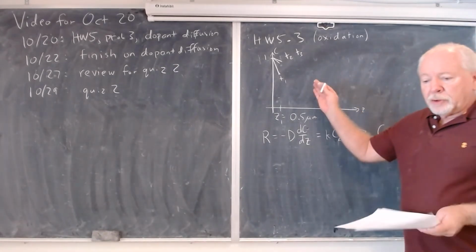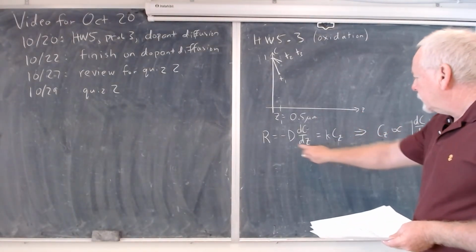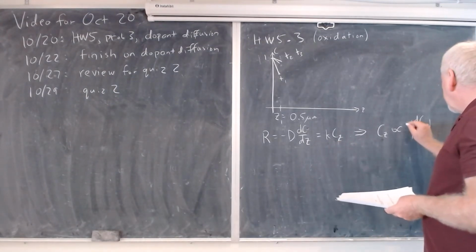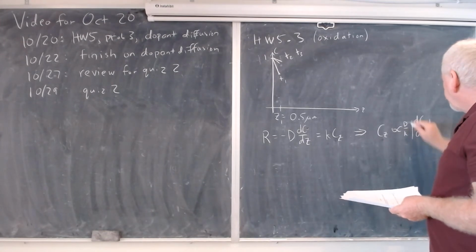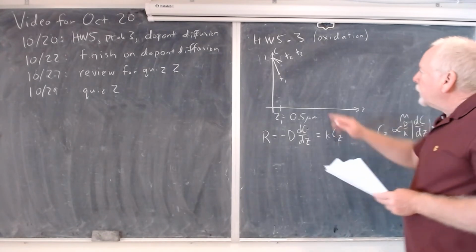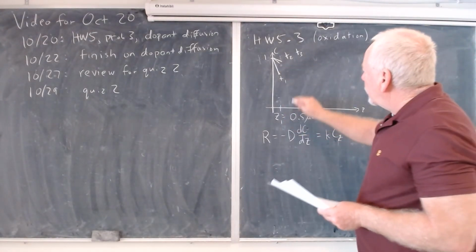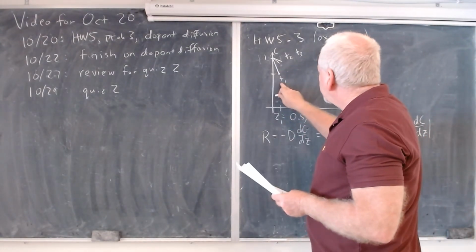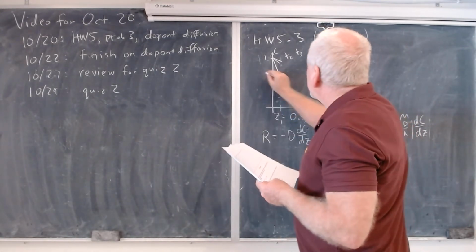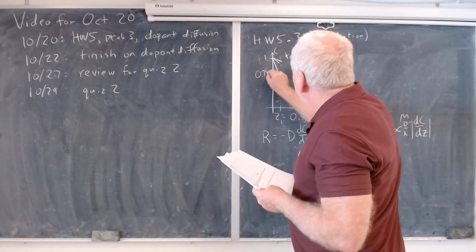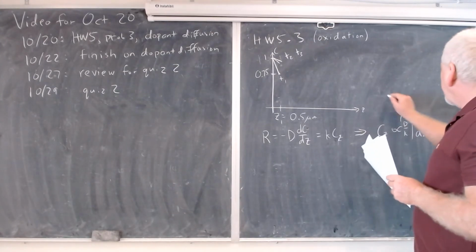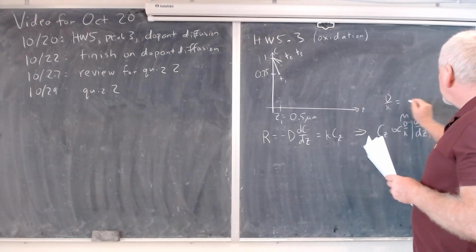That's true for all the curves. It's D over k. I'm asking you to find out what D over k is, and you can do that by plugging in at T1: you've gone half a micron, and you can read off the chart that Cz is 0.75, whatever those units are.